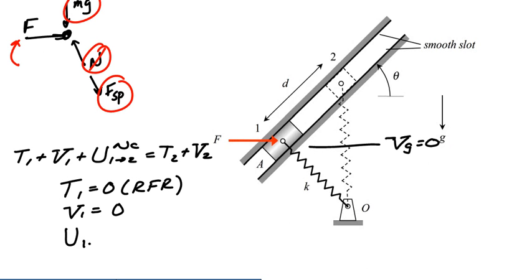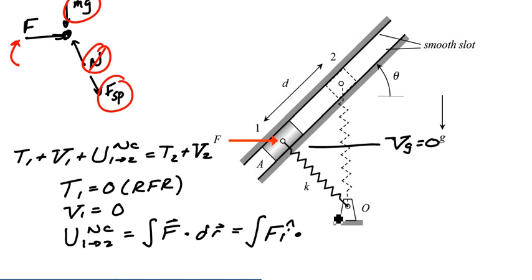The non-conservative work done in moving between state 1 and state 2 will be proportional to the distance traveled and the force, so this is going to be the integral of F dot dr. F is a constant force in the i direction.